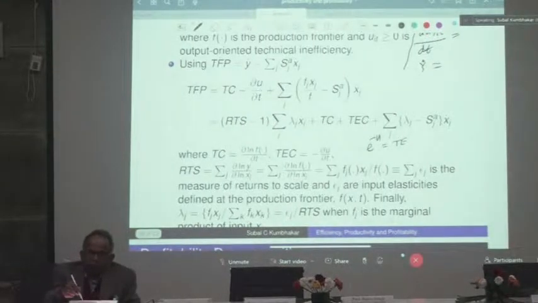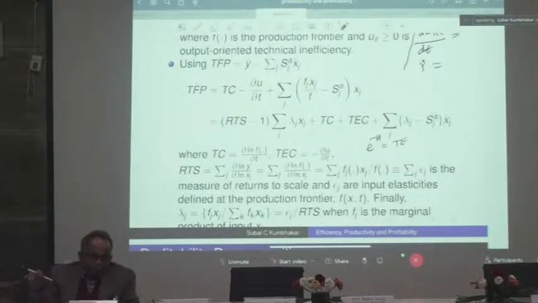Okay, so you have a component that is coming from returns to scale, a component coming from technical change, a component coming from technical efficiency change, and then the last part which is coming from input misallocation, whether you are using the inputs to minimize cost or maximize profit.